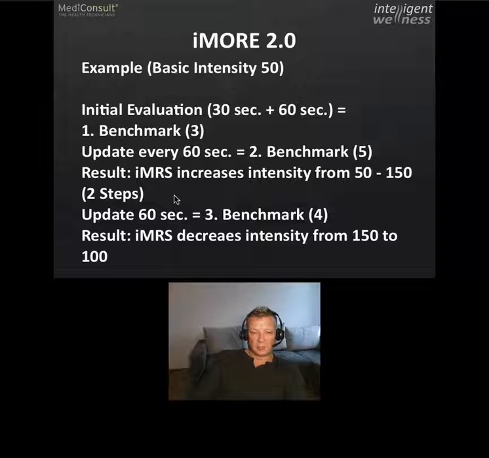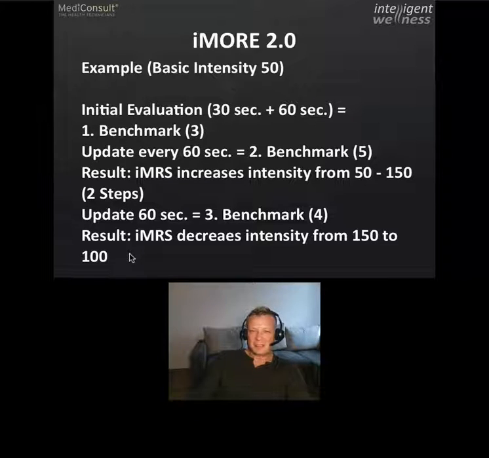Let's go further with our example. Another 60 seconds later, we get another update out of the imore 2.0, and let's say the third benchmark would be category 4, and it was 5 the minute before. The result would be that the IMRS decreases the intensity from 150 to 100, 1 step.